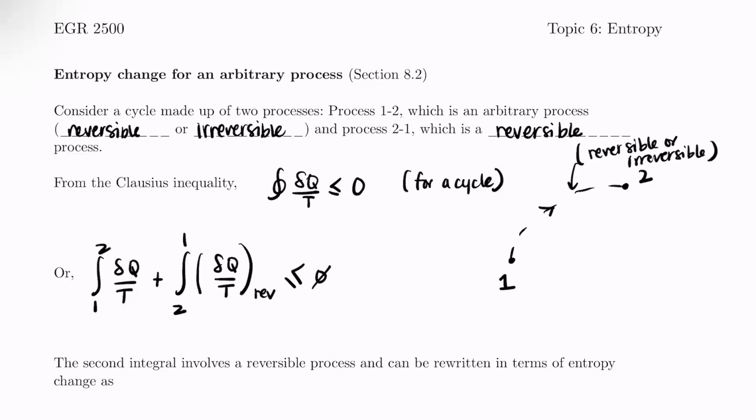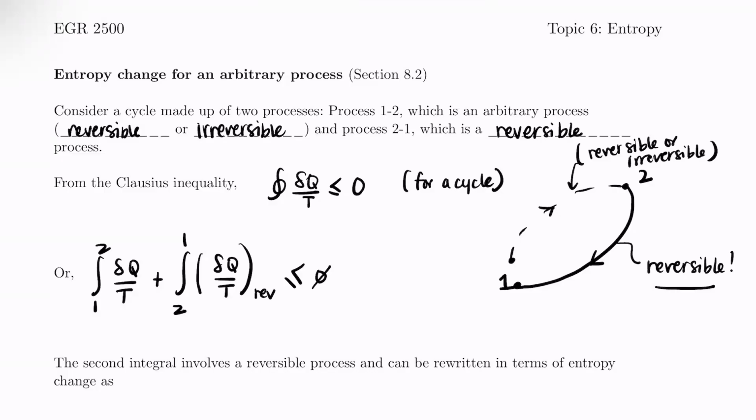And then we also have a process, a different one, that goes from 2 to 1. And this one is reversible. Okay, so we can break out this cycle into these two steps.